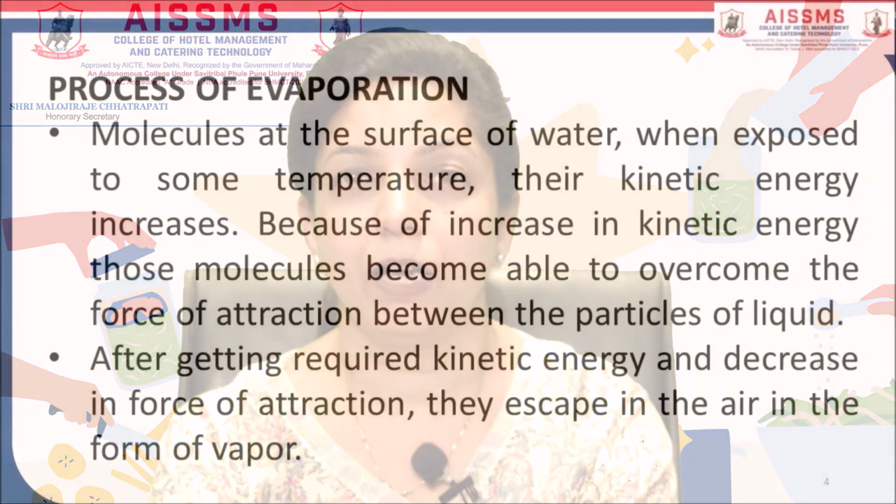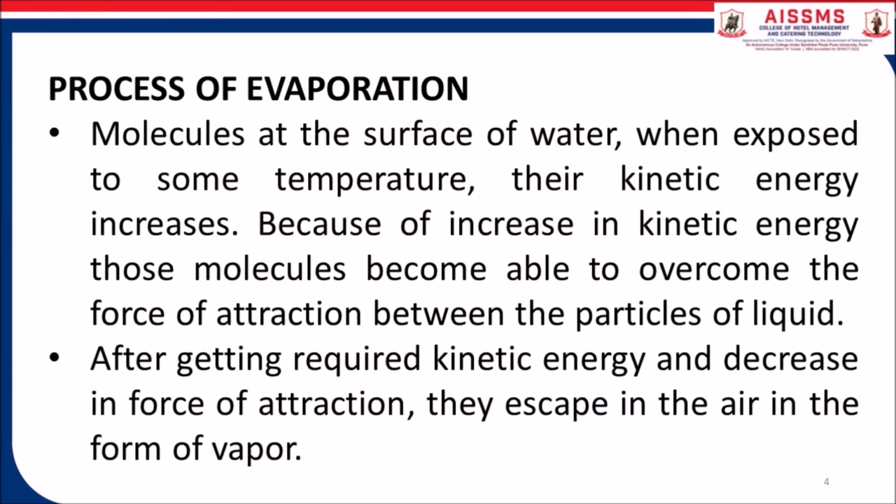Now let us have a look at the process of evaporation. So what happens during evaporation at the liquid surface? When the molecules at the surface of water or any liquid are exposed to some temperature, their kinetic energy increases.